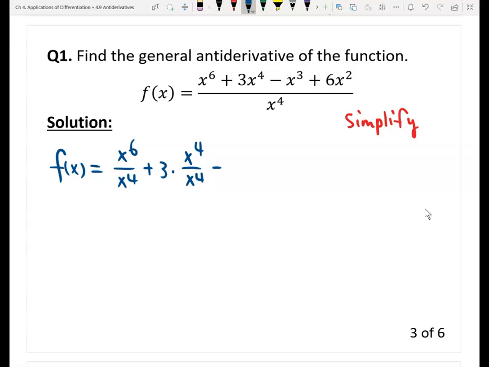And then minus x third power over x fourth power. And plus 6 times x second power over x fourth power. Can you see? This is an easy way to expand the fraction. Now we're going to simplify.